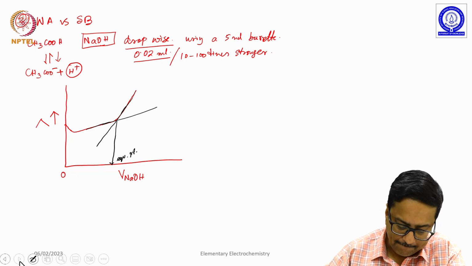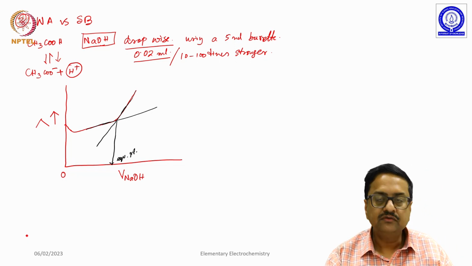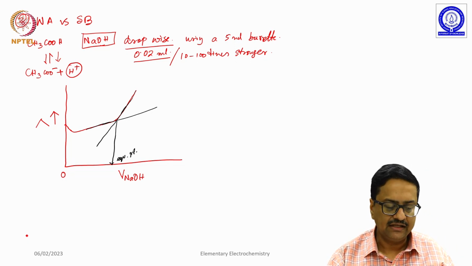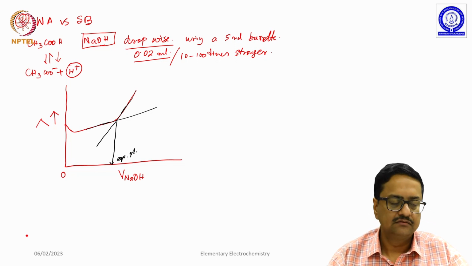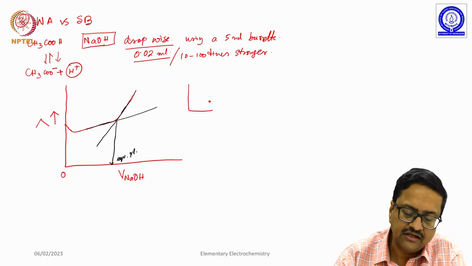Right? So, using acetic acid in the conductivity cell, this experiment when we do, you will see that we do it in a beaker.